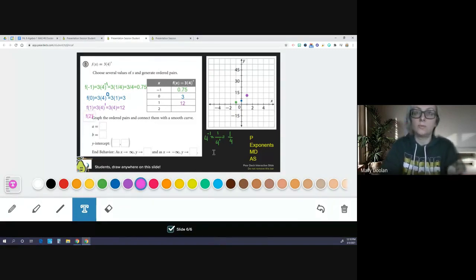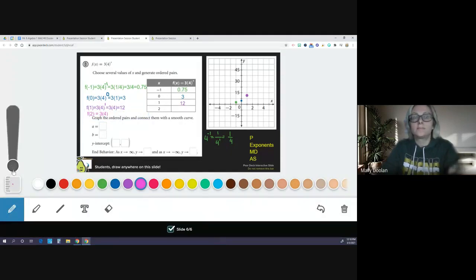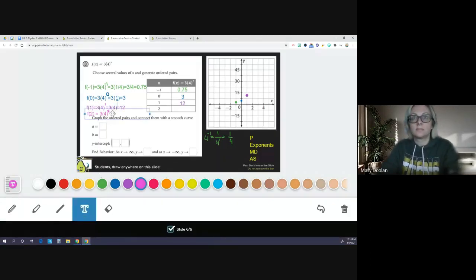F of 2 is equal to 3 times 4 to the second power, which is the same as 3 times, what's 4 squared, guys?